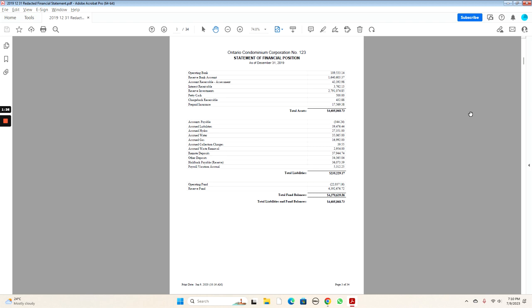The next one I want to focus on is the holdback payable reserve. As you know, whatever construction projects we take on, according to the CCDC, we have to hold back 10% of the invoice, so that there is no problem of the contractors not paying their subcontractors and then they put a construction lien on our corporation unit.